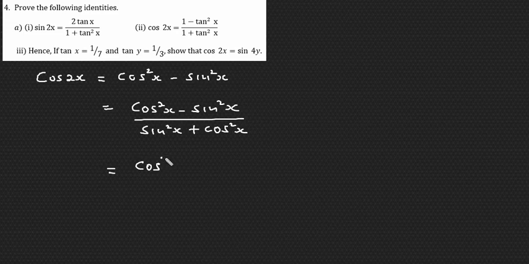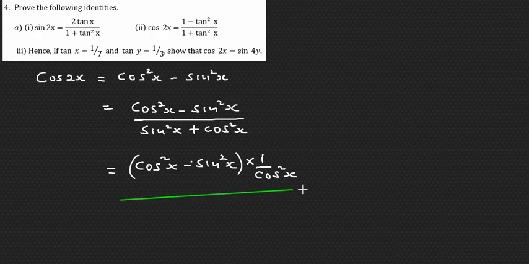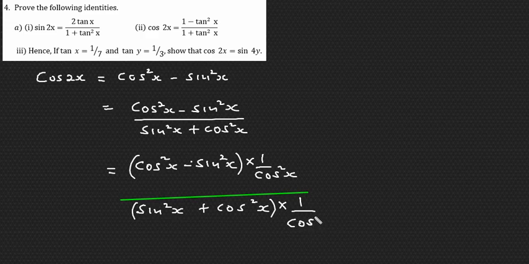So I have cos squared x minus sine squared x divided by cos squared x. Then down here I'll have the same: sine squared x plus cos squared x divided by cos squared x.